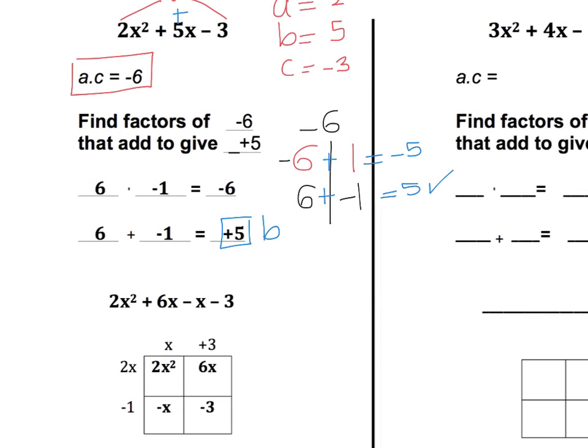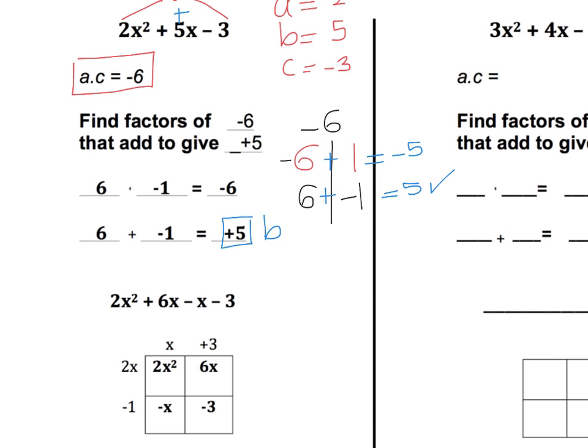Now what do I do after that? I look back at the trinomial. 2x to the power 2, I copy it down. The 5x should be split into the 2 numbers I just found. So instead of 5x, I write down 6x and negative 1x, which is negative x.